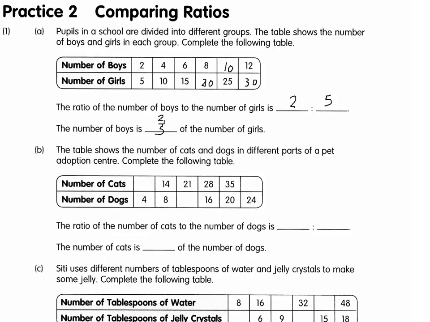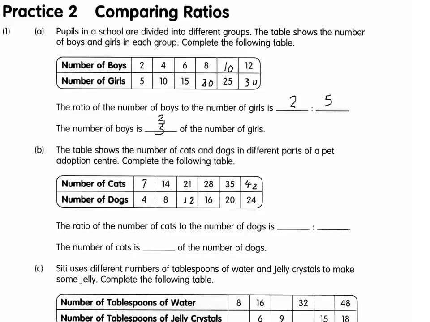7. You can see it's 7, 14, 21, 28, 35, and after 35 is? 42, multiples of 7. And for the number of dogs it is 4, 8, what? 12. So, Wendy, tell me what's the ratio of the number of cats to the number of dogs? 7 is to 4.